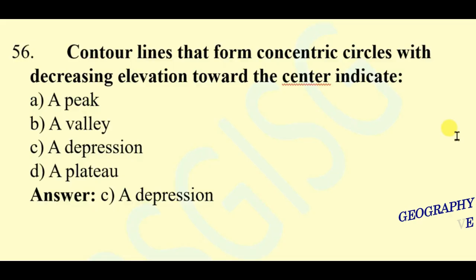The answer is a depression. Concentric circles with decreasing elevation means at the middle there is low elevation, that's a depression. If concentric circles have increasing elevation, that will be a peak, because elevation is increasing towards the center.